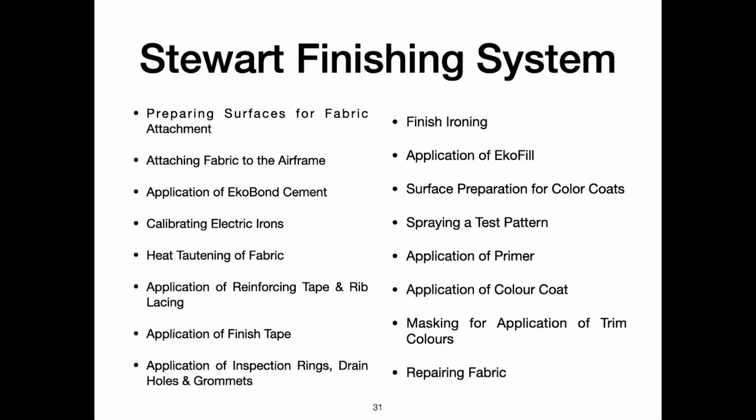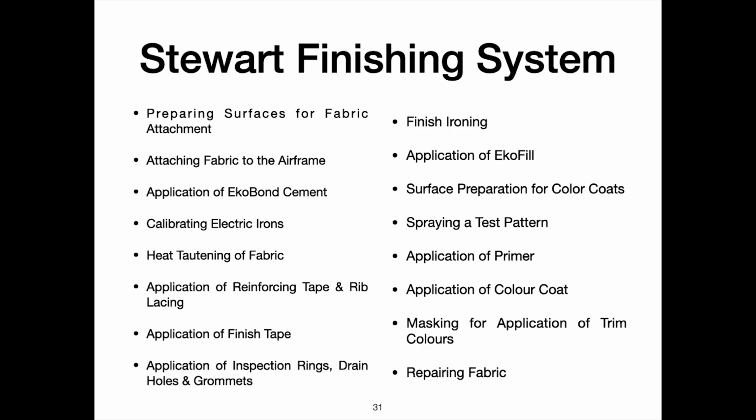Here is the brief procedure of the Stewart finishing process. Preparing surfaces for fabric attachment, attaching fabric to the airframe, application of EcoBond cement, calibrating electric irons, heat tautening of fiber, application of reinforcing tape and rib lacing, application of finish tape, application of inspection rings, drain holes and grommets.